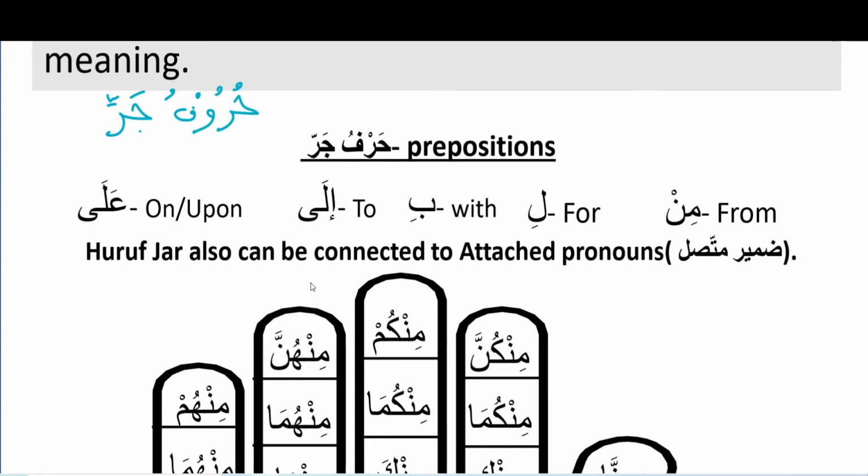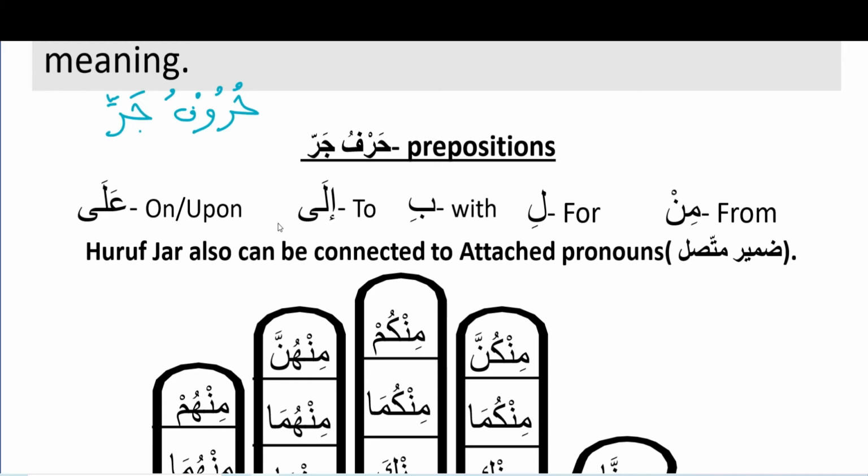Then wa, which means and. For those that have 2 letters, an example is min. For those that have 3 letters, we have ila, ala. See, we have hamzah, lam, then alif maqsurah. This is called alif maqsurah.